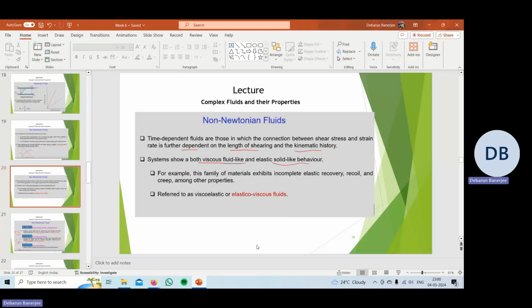The time-dependent non-Newtonian fluids are those in which the connection between shear stress and strain rate further depends on the length of shearing and kinematic history.